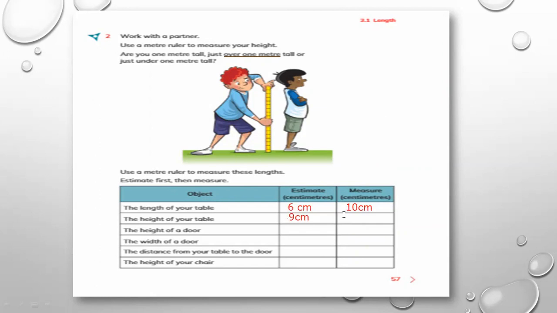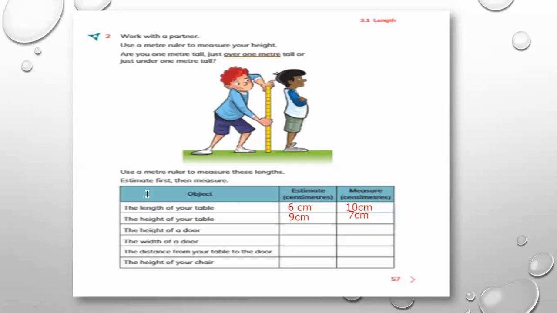So when we are going to measure it with the help of ruler, it will be 7 centimeter, yes. So when you are measuring the height, you have to put the ruler from top to the bottom. And when you are talking about length, you have to put your ruler from left to right.